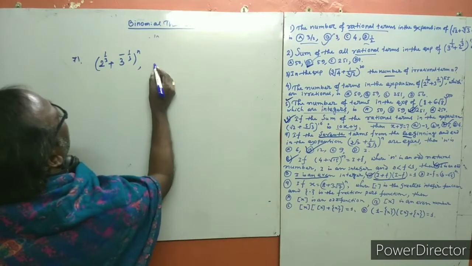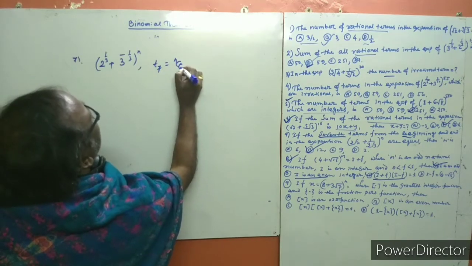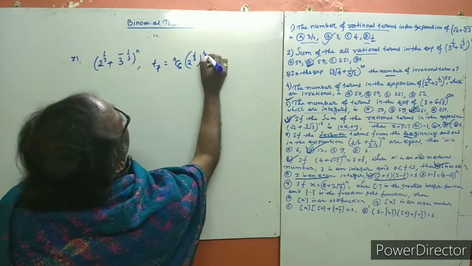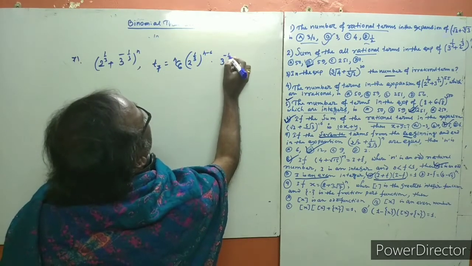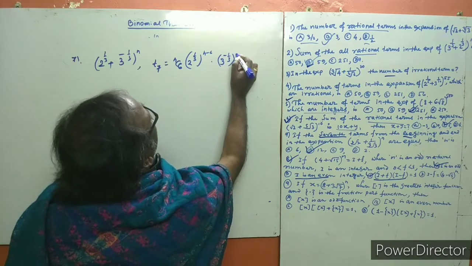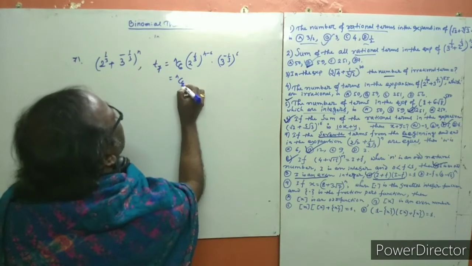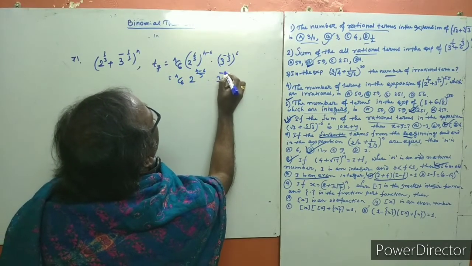So from the beginning, T7 is equal to nC6 times (2 to the power 1 by 3) whole to the power n minus 6, and (3 to the power minus 1/3) whole to the power 6. So we can write nC6 times 2 to the power (n minus 6) by 3 and 3 to the power minus 2.